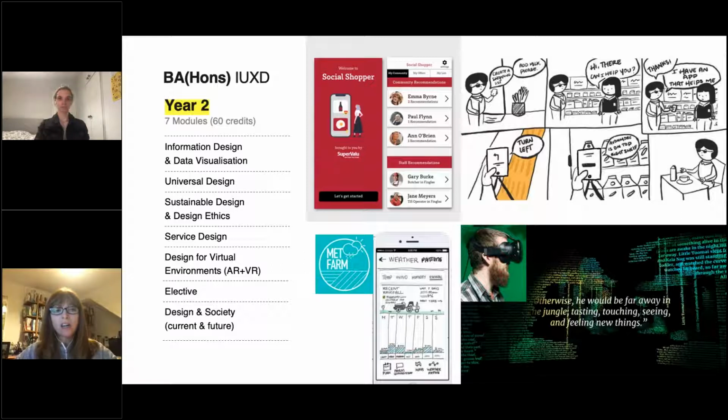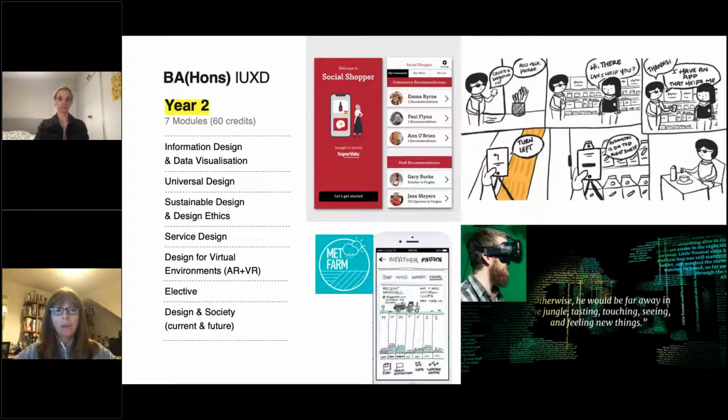Another theme in second year is the introduction of sustainability. Again, environmental concerns and understanding where digital and user experience can play a part in sustainability. We also introduce ethics, which is very important in anything to do with digital technologies and our experiences.